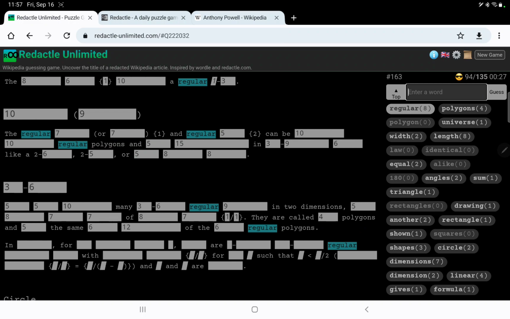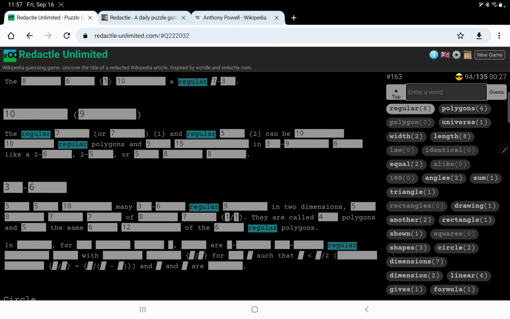And something divided by something. They are called polygons. Not characteristics of the, maybe regular. Oh, okay, regular is there quite a lot.